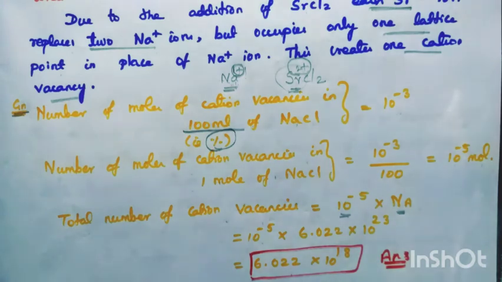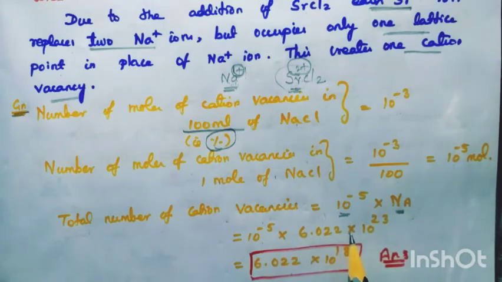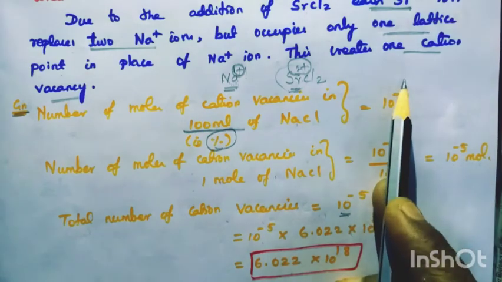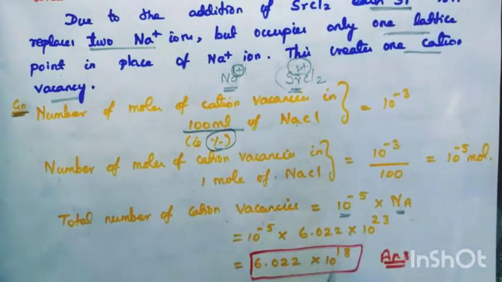That means one of the Na plus positions is vacant. This is called a cationic vacancy. So now we find this one. Total number of cationic vacancies is equal to 10 power minus 5 into Na, that is Avogadro number, that is equal to this one. So this is the explanation of this problem.